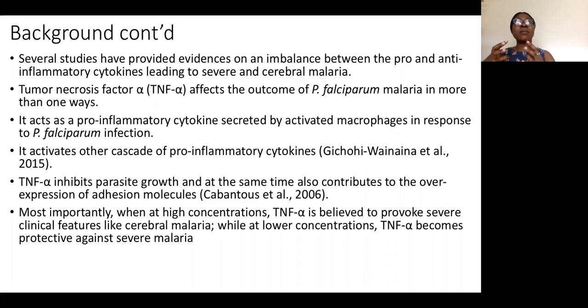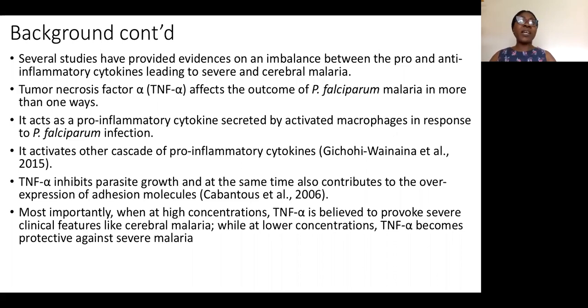Macrophages are small white blood cells that are produced when a foreign agent, in this case the malaria parasite or Plasmodium, enters into the body. So the tumor necrosis factor acts as a pro-inflammatory factor.